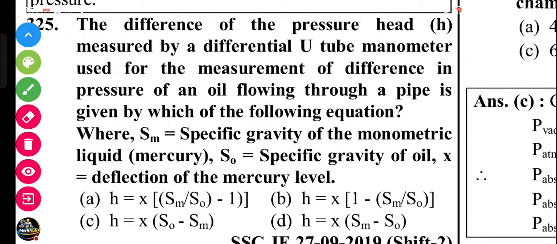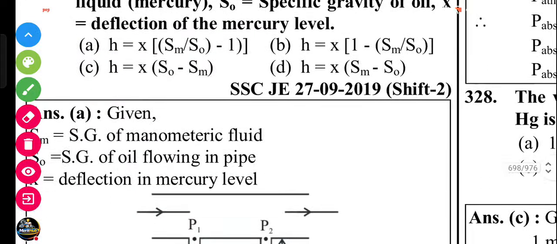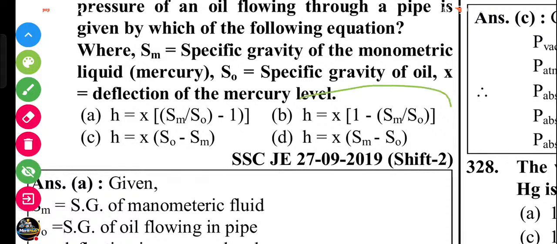Differential U-tube manometer: x into x is the manometric reading, and the specific gravity of the manometric liquid divided by the specific gravity of the oil minus 1. Let's check the answer. Yes, B, for the inverted U-tube manometer.